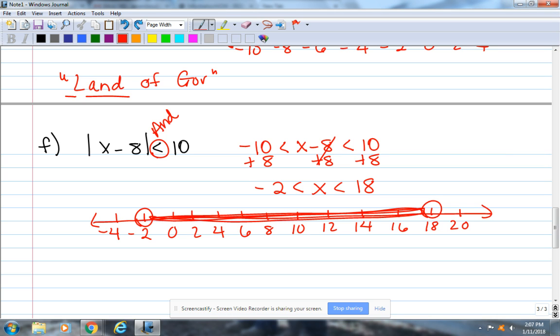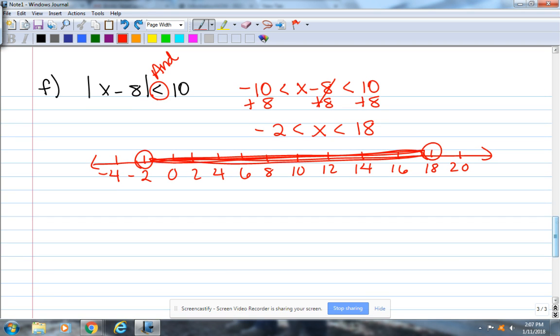Let's do one more and. Absolute value of 2x minus 3 is less than or equal to 5. Is this an and or an or?